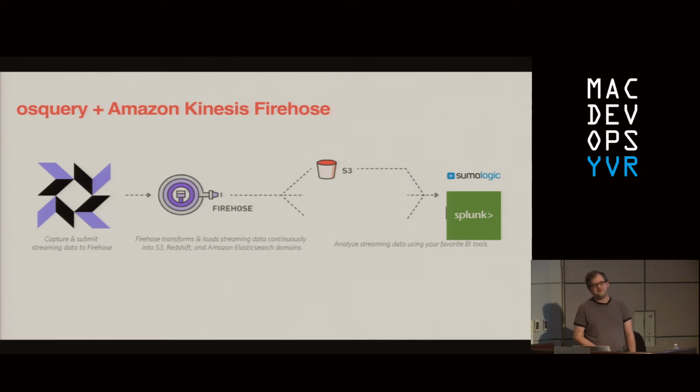It's just a small modification on the TLS support because Kinesis wants slightly differently formatted things. But here what you could do is have Osquery send its results to Firehose. Firehose would write this data out to S3, and then Splunk or Sumo Logic can come by and read that data from S3. Basically everything supports this.